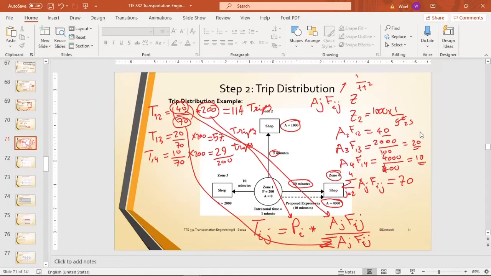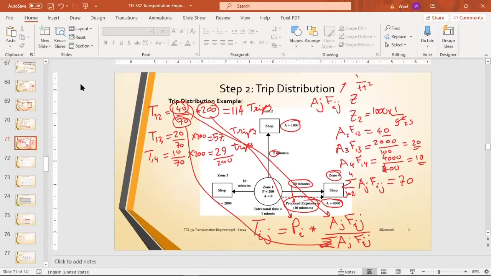Okay, so here there's a proposed project to build an expressway between zone 1 and zone 4. So the travel time will be reduced from 20 to 10. So let's see after this modification how things will be.